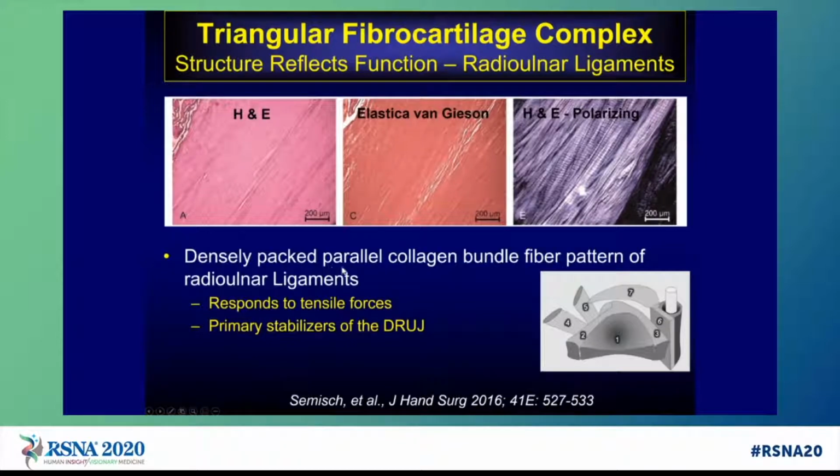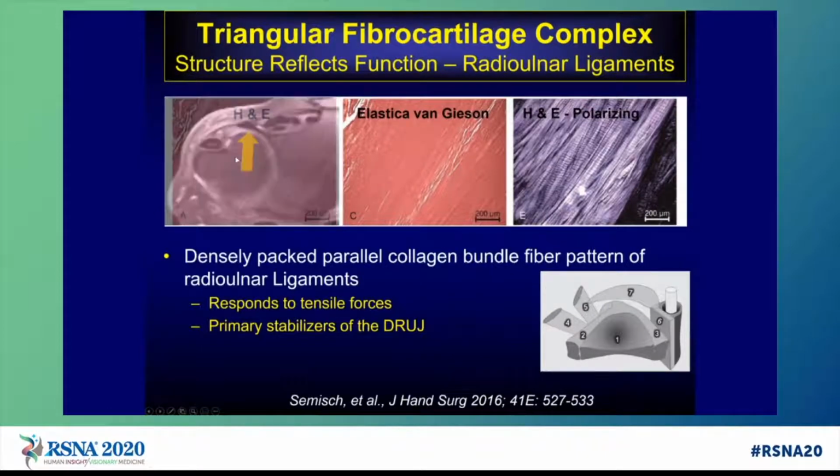Still densely packed, but now we see that those collagen bundle fibers are very parallel in appearance. And as we consider the imaging appearance, that really makes sense, because here we see what we know to be the MR appearance of a ligamentous structure, linear, low in signal intensity, and we know that this resists the tensile forces as you consider supination, pronation, the rotation of that ulna back and forth at the level of the distal radioulnar joint.